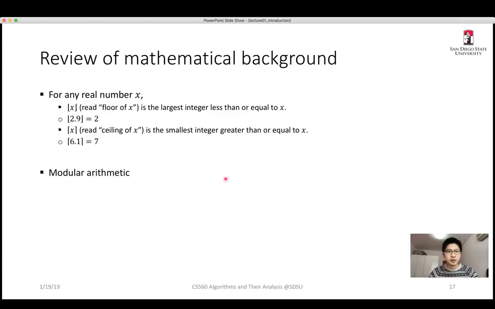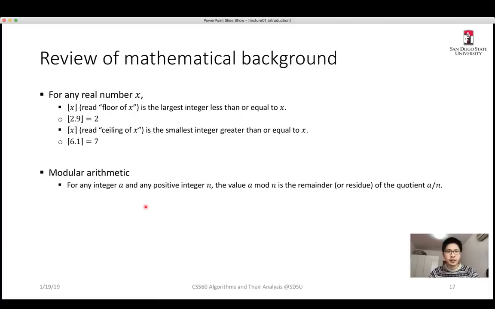Second, the modular arithmetic notation. For any integer a and any positive integer n, the value a mod n is the remainder of a divided by n. In other words, a mod n equals a minus n times the floor of a over n.